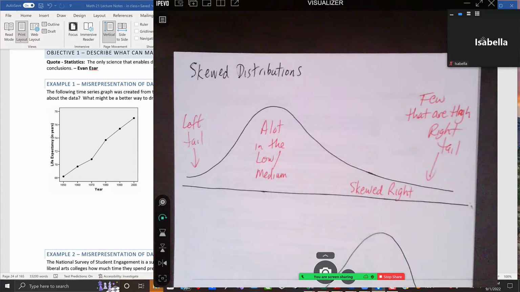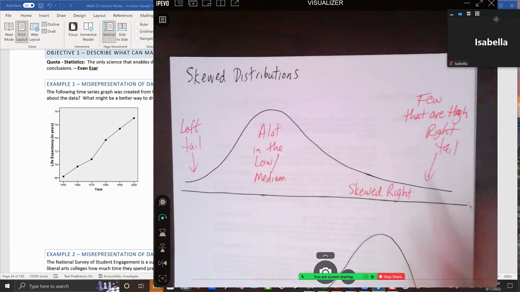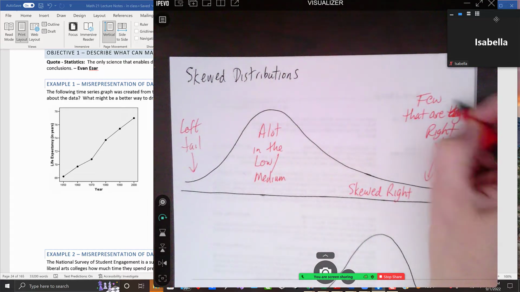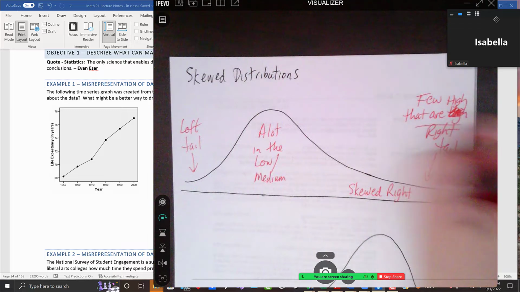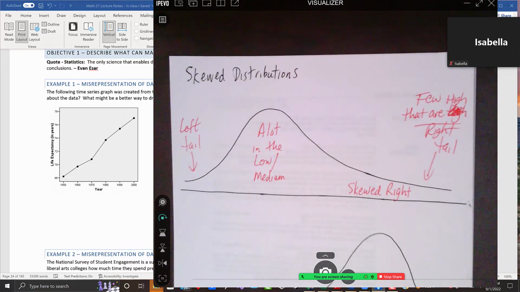Let me bring this down, center it. Few that are high. Perfect example is if Elon Musk were to be in our class and we were talking about income.